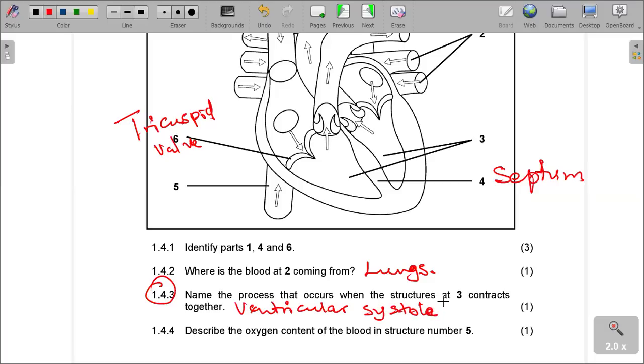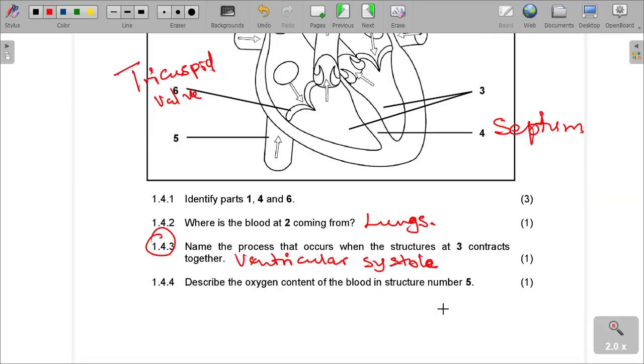This is the process that occurs when structures 3 contract together there. And then describe the oxygen content of the blood in structure 5. This blood is low in oxygen.